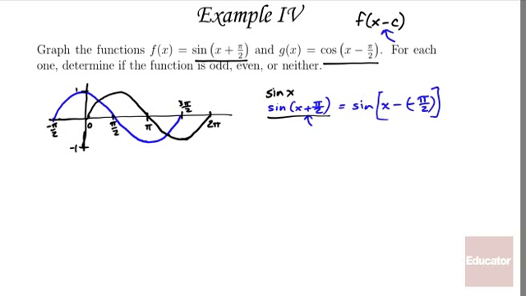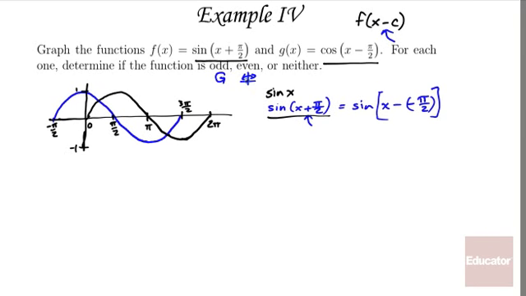Well, remember, there's a graphic way to look at the graph of a function and determine whether it's odd or even or neither. An odd function has rotational symmetry. An even function has mirror symmetry across the y-axis.